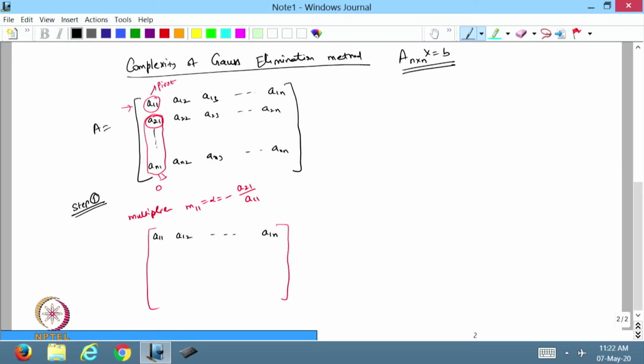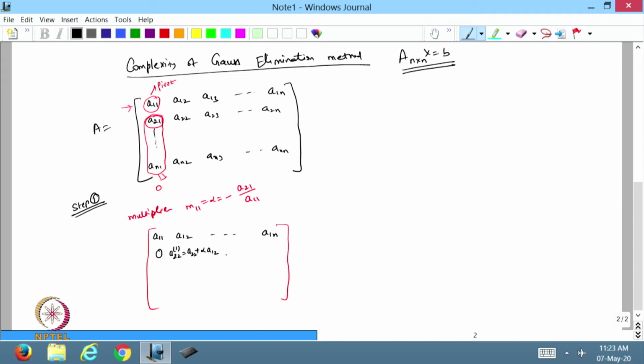After step number 1, I will have made this element 0, and then this element a22 will become a22 plus alpha times a12.